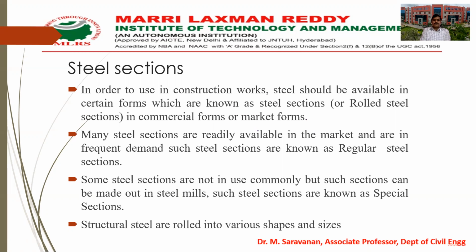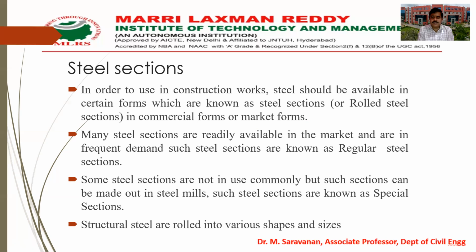In order to use in construction work, steel should be available in certain forms, which are known as steel sections. Another name for steel section is rolled steel section. It is rolled in a steel mill, so it is called rolled steel section in the commercial forms or market forms.